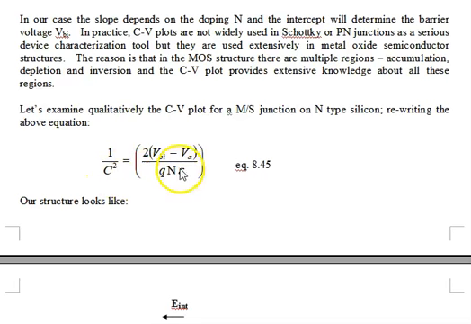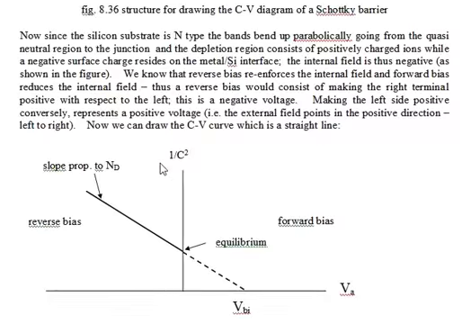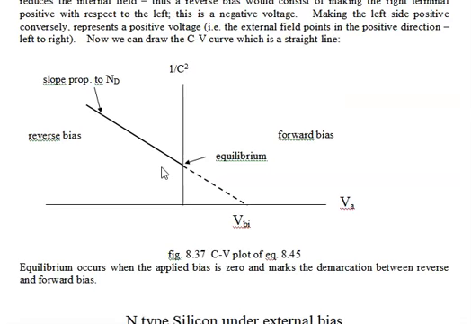That's a straight line with respect to VA. It has a slope which is proportional to the doping, and it has an intercept which is given when the applied bias is equal to the barrier potential or the barrier voltage. So those are really important things which I suck out of the capacitance voltage diagram.